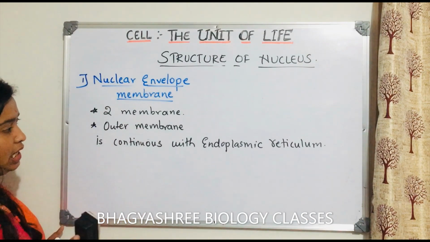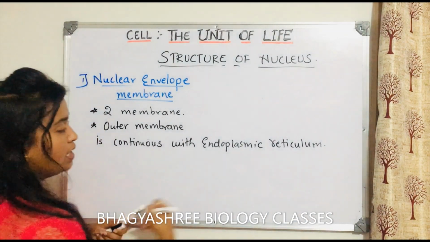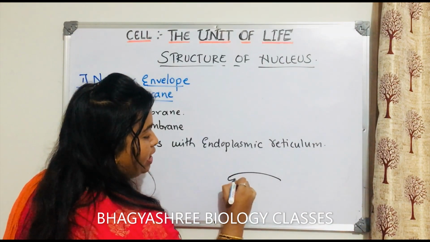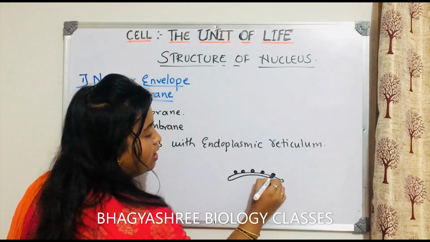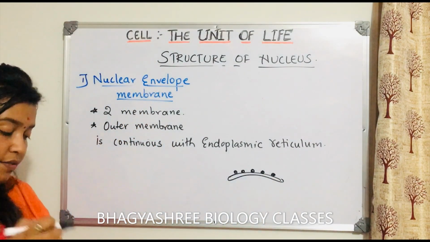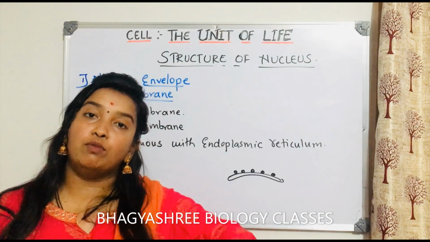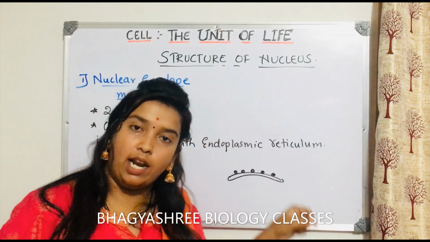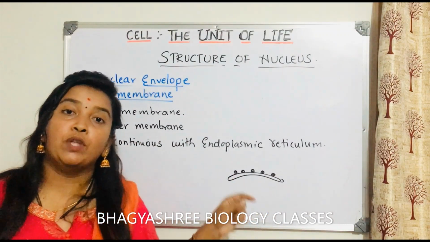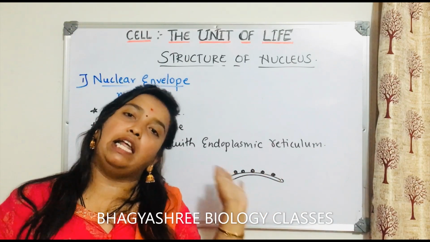Okay, this much is clear, right? And one more thing: the outer membrane of the nucleus also has ribosomes on its surface, right? When we did ribosomes, we discussed that ribosomes are found on endoplasmic reticulum. They are found on the outer envelope of the nucleus. They are also found in chloroplast, in mitochondria, and freely in the cytoplasm.